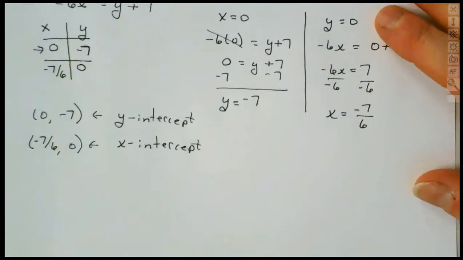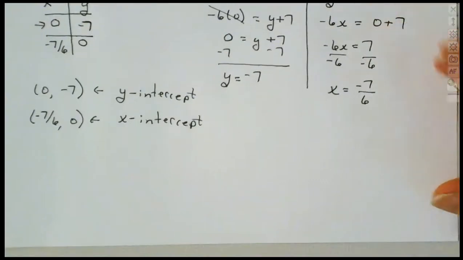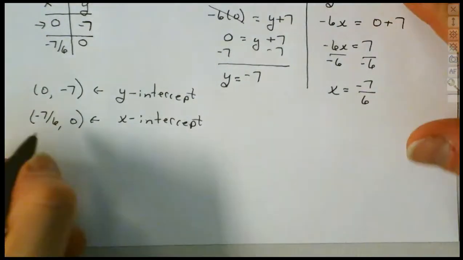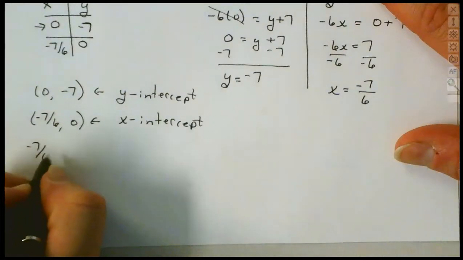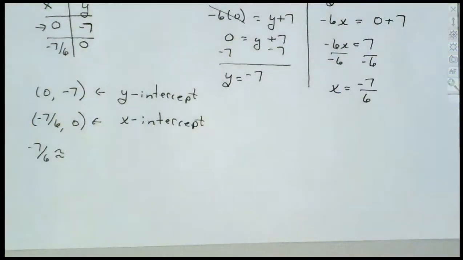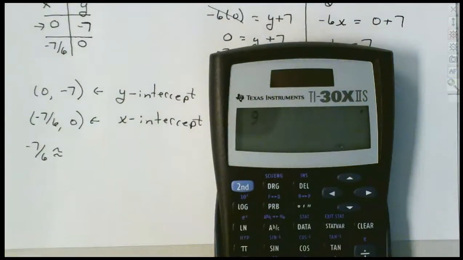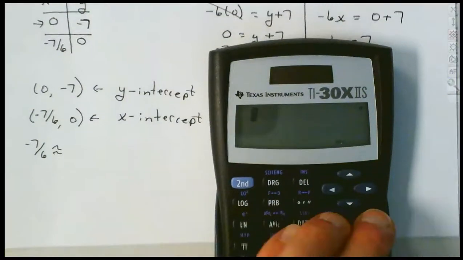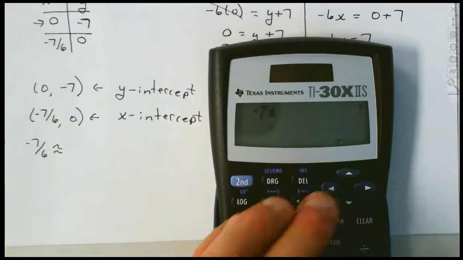Now, when we go to graph it, we need to figure out what that negative 7/6 is as a decimal. So if I look at negative 7/6 as a decimal, all we need is one place. What's negative 7/6? Well, let's run it through our calculator and see. So we've got negative 7/6.